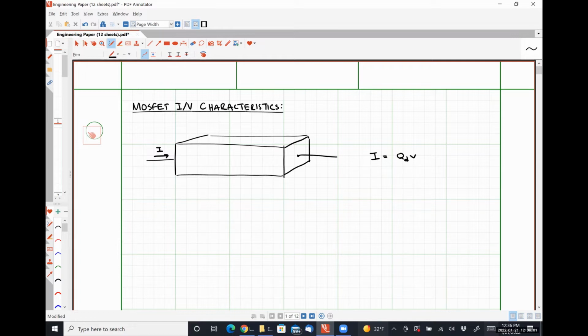Now let's consider an NMOS transistor. And I'm going to attempt to draw a 3D-ish representation of what's going on here. Pardon me. So this will be the surface of our substrate.